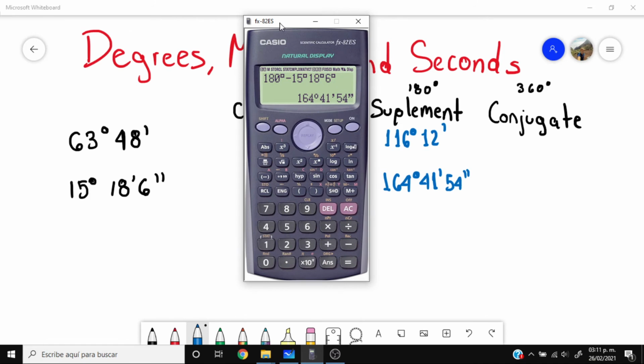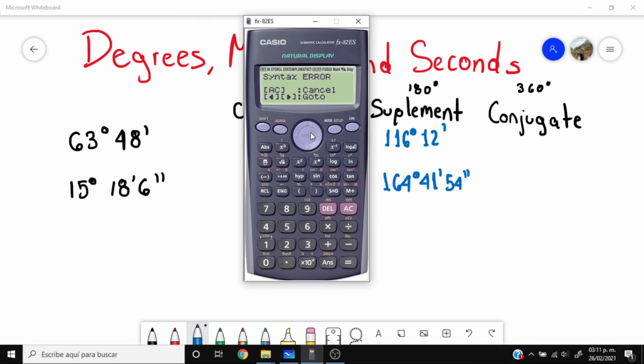For example, if you have 51 degrees, 12 minutes, and 3 seconds, imagine that all three of them are going to be different. And if you want to add them, for example, 30 degrees, 13 degrees, 41, and 36 seconds.